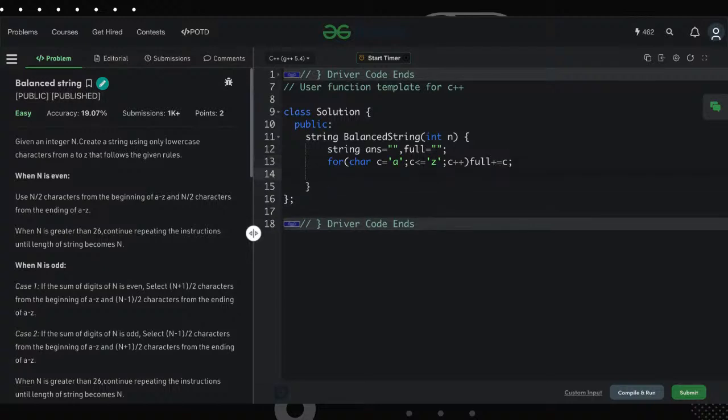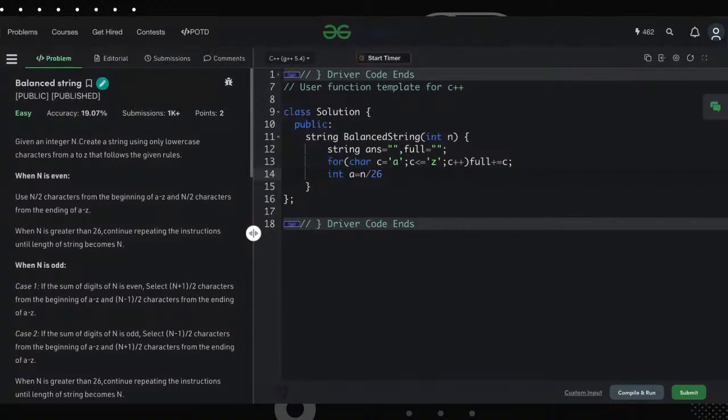Then we go down and then we find out how many times the a to z is required. That is n divided by 26. So basically if you do the general n divided by 26, it would give you the floor value of it, that is the integer division of it.